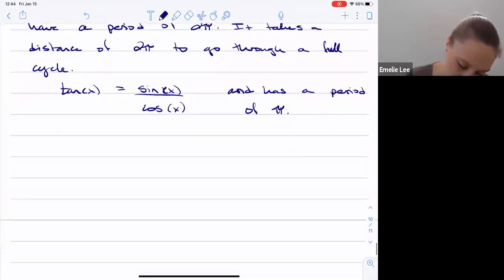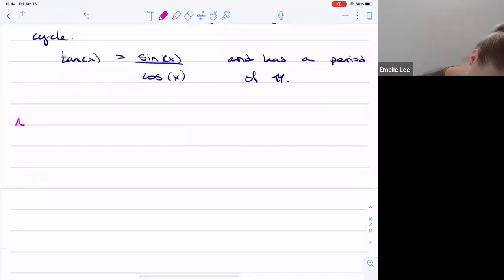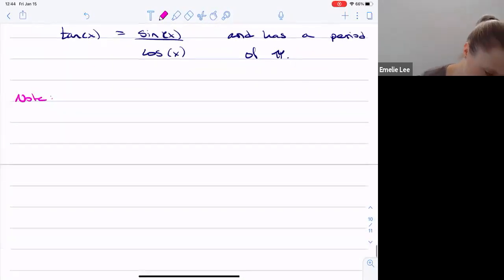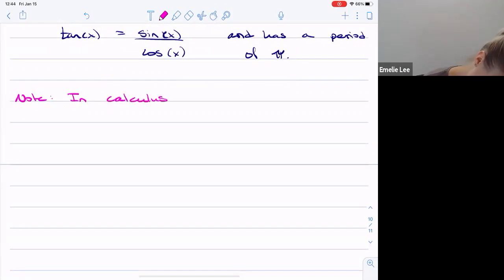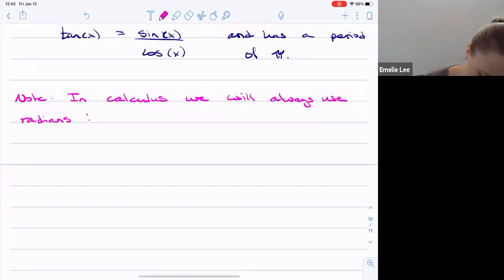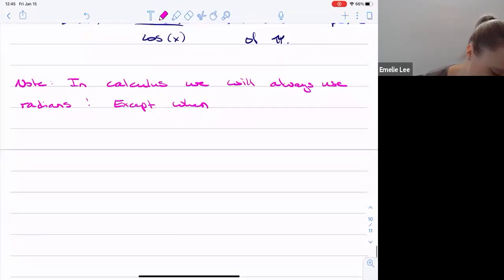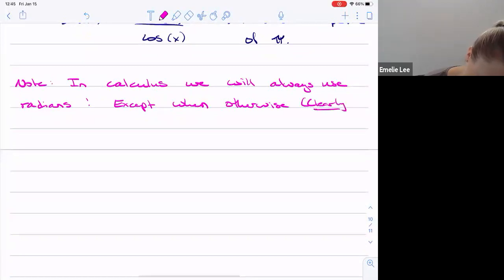Okay, so I'll make a note here. Note, in calculus, we will always use radians, except when otherwise clearly indicated.